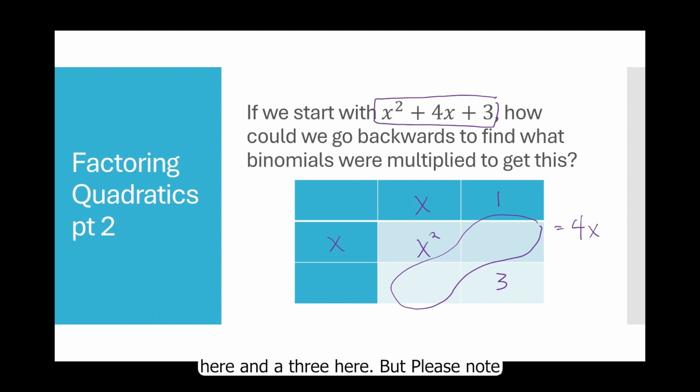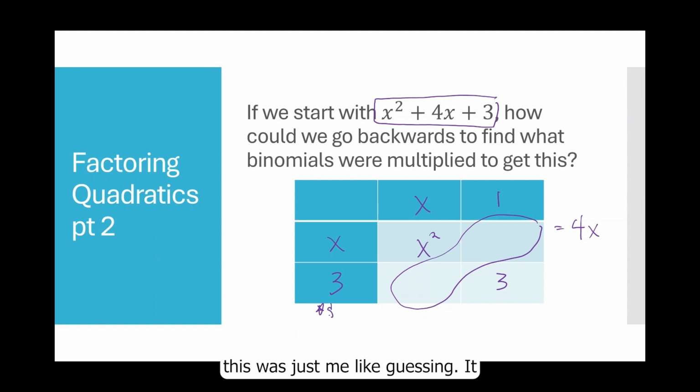I am going to put a 1 here and a 3 here, but please note, this was just me guessing. It doesn't particularly matter if I put a 3 here or a 1 here yet. And we'll see what happens if it does matter. So to see what goes here, now that I have guessed that there's a 3 here and an x here, I multiply those to say this is 3x. And in this box, I'm going to do the same thing and multiply 1 and x.